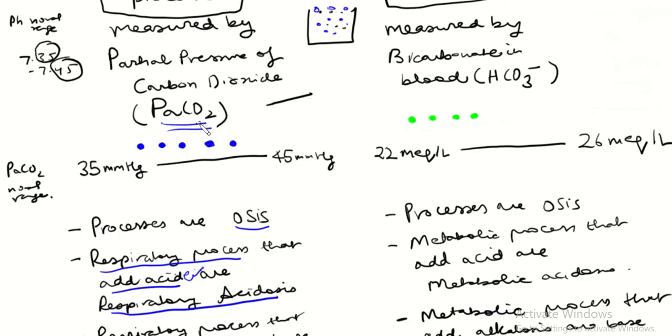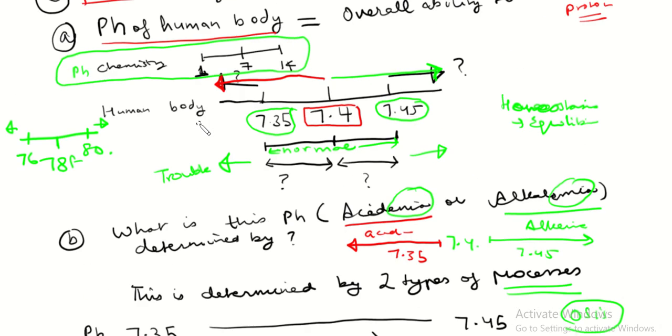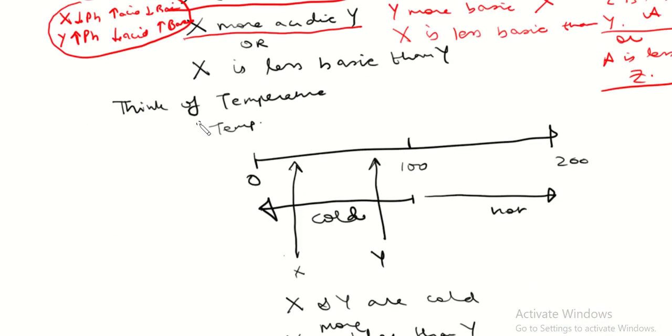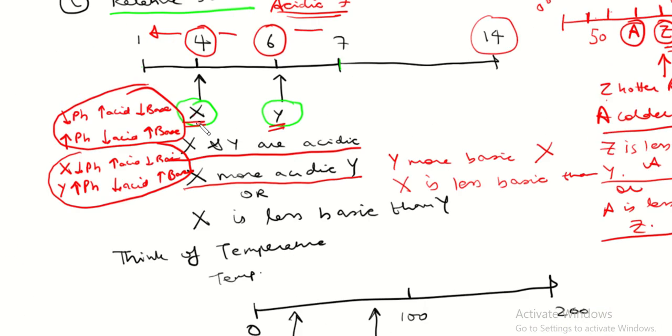Remember, our basic principles have not changed. If you are bringing in less acid, you're bringing more base and you're increasing the pH. That's alkalemia or alkalosis. If it's a process, it's alkalosis. If it's pH, it's alkalemia.